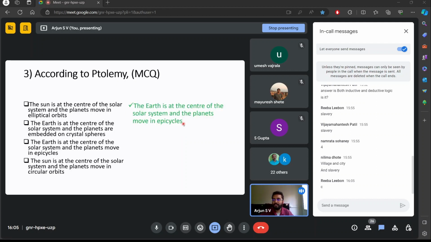Once again, I'll just pull out my pen. This is what Ptolemy told. We have the Earth here, and Earth is at the center of the solar system, and planets move in epicycles. So this is an epicycle.